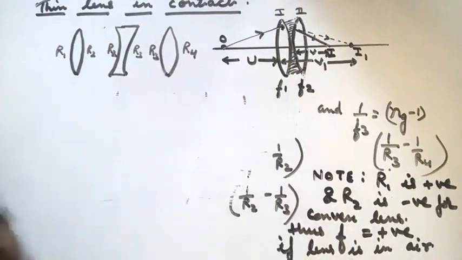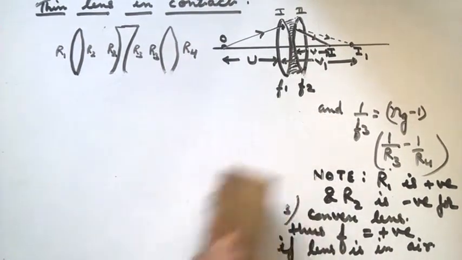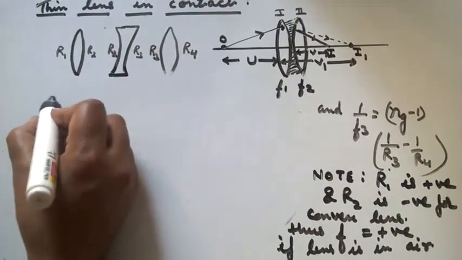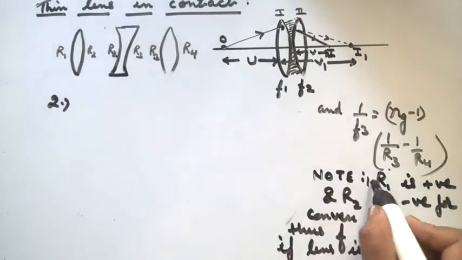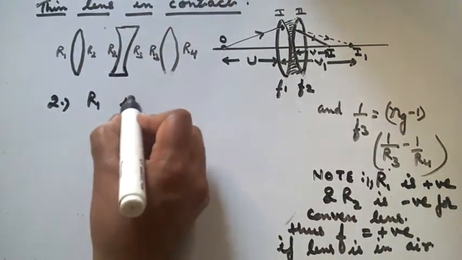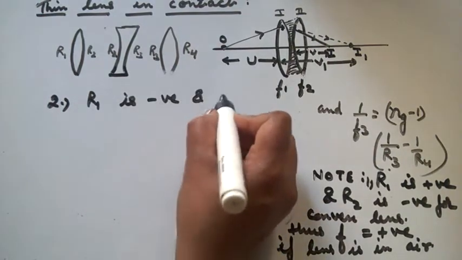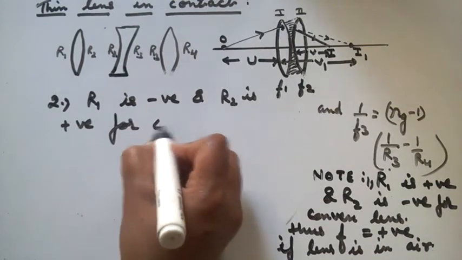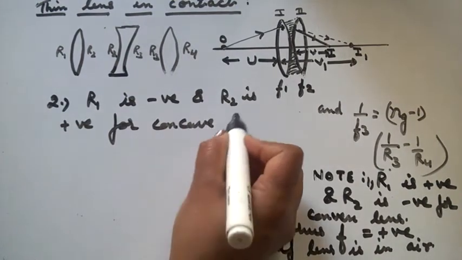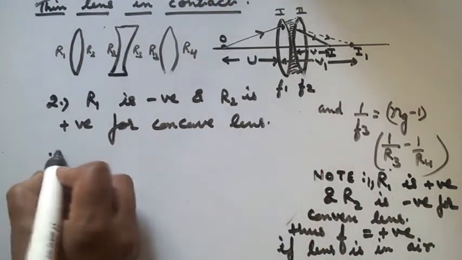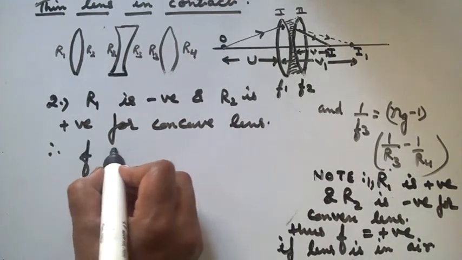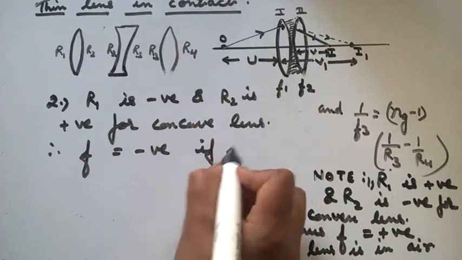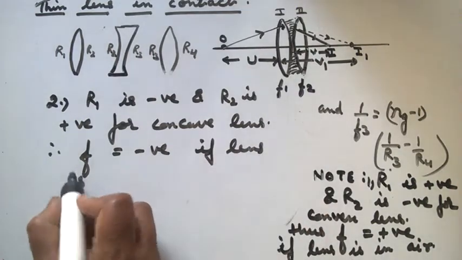For a concave lens, we note second, R1 is negative and R2 is positive for a concave lens. Therefore the focal length is negative if the lens is present in air.